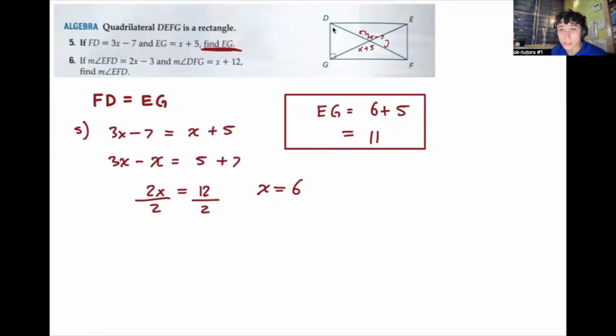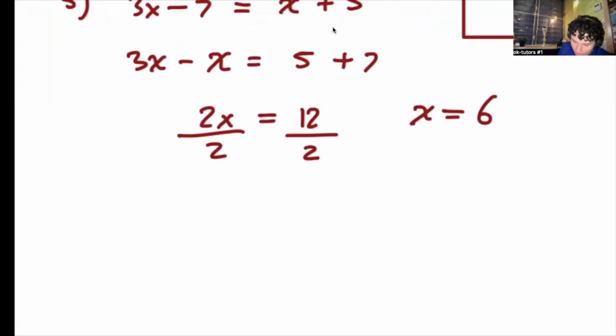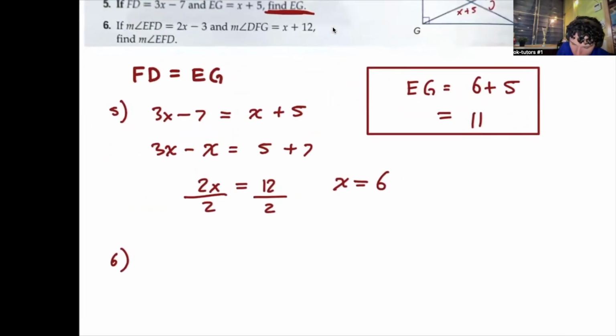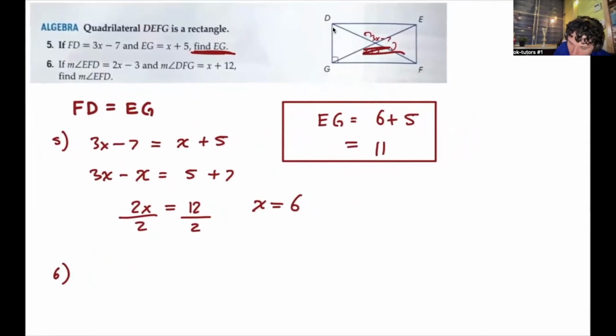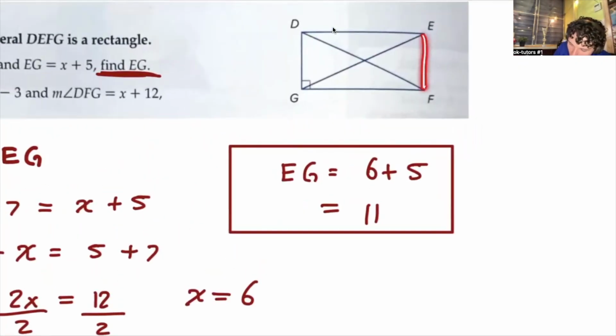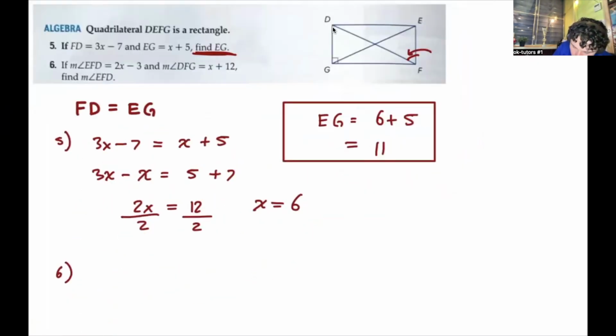Now let's do number 6. Number 6 says, measurement of EFD equals 2x minus 3. So EFD, this angle right here, measures 2x minus 3.